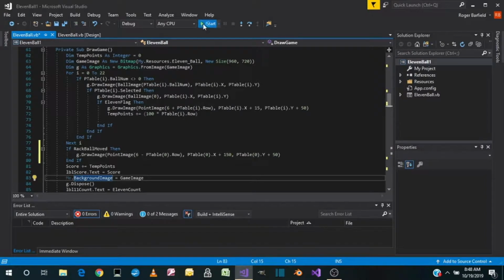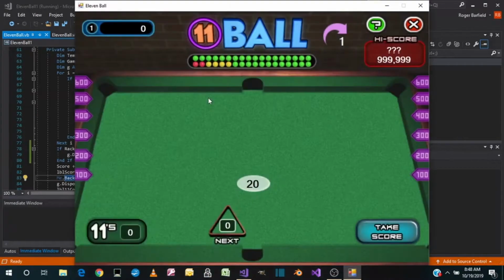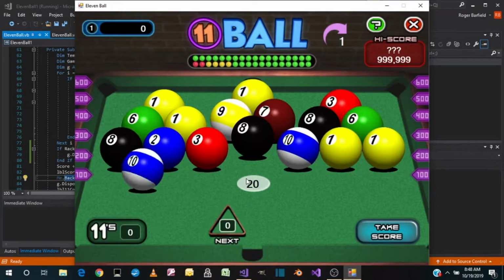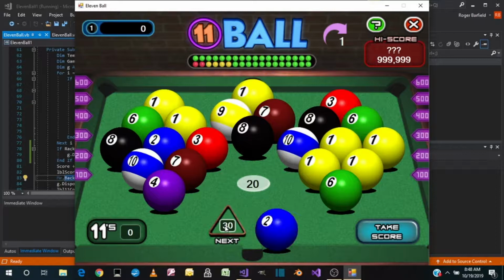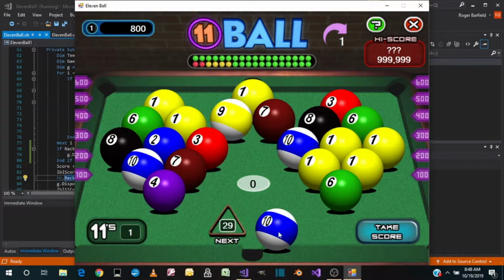Okay, let's give this a shot, see if I forgot anything. Okay, when we rotate through the rack, we shouldn't get anything. That's fine. Let's get balls out of the way. Now let's just throw this 10 in there, and that should be minus 400 points. But you see, it doesn't disappear. If I click again, okay.